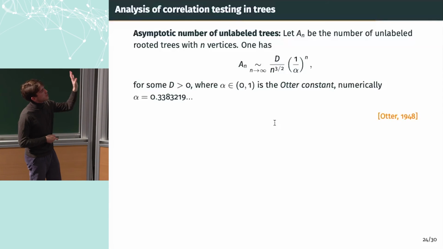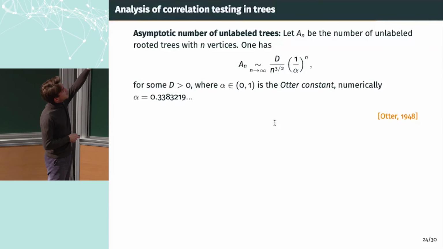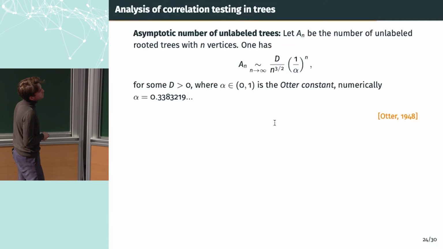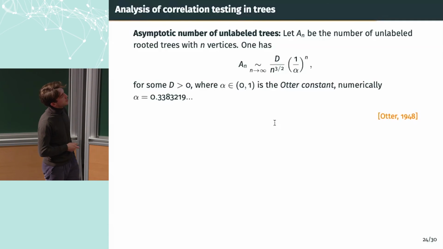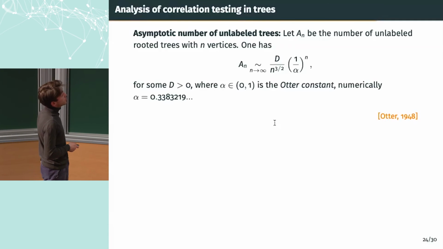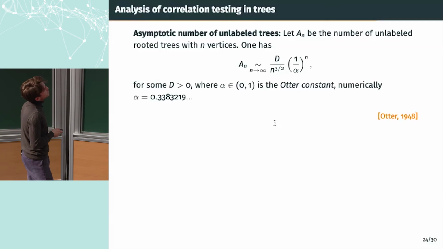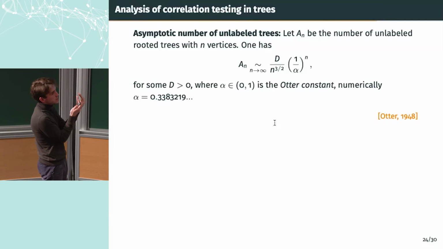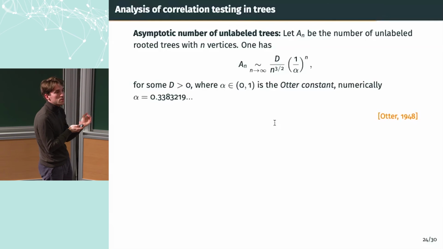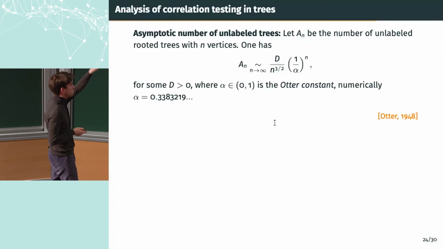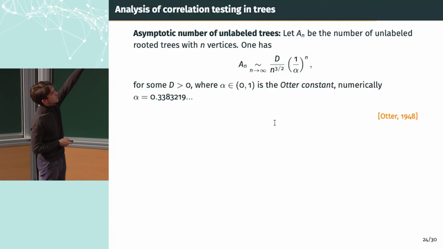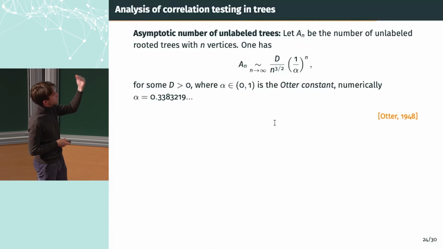And just to present the result briefly, I need to introduce this constant, which is called alpha. Alpha is the Otter constant because it was actually discovered by Otter in the 40s. He was interested in counting the number of unlabeled trees with a given number of vertices. This is just combinatorics. This number is exponentially large in n when n goes to infinity.